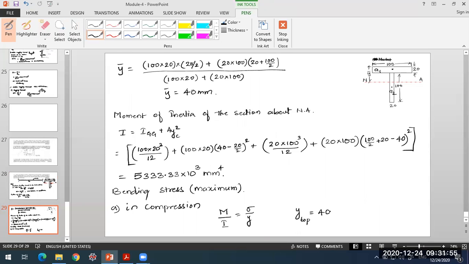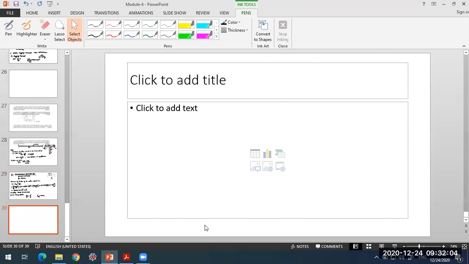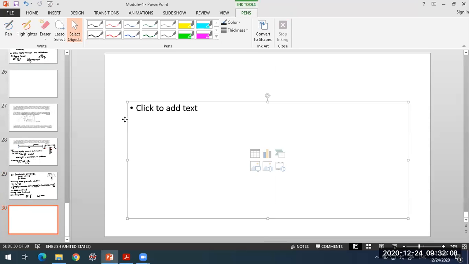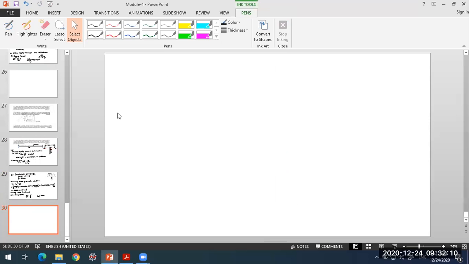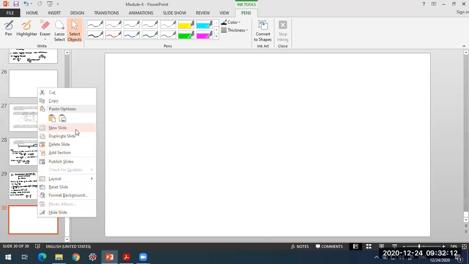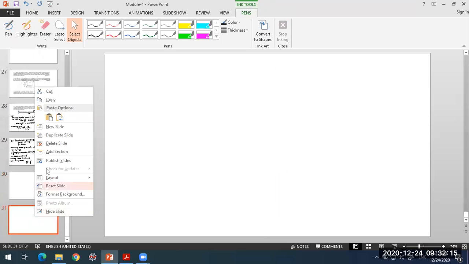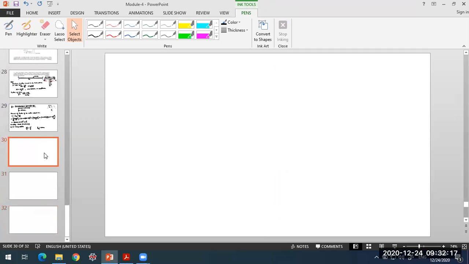This is the maximum distance towards the top of the section. So what is the value of M now? We have already determined the maximum bending moment. So that will be the value we'll be using in this expression. And also we have determined the moment of inertia I value for the section.